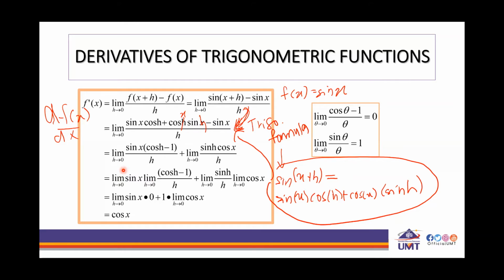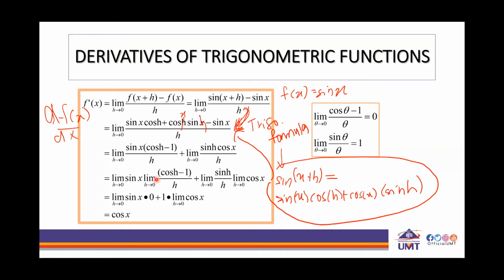Why? Because limit sine x is according to this, h approaching 0, kita nak ambil h saja. So limit sine x ni, they treat it as apa? As a constant, right? So yang tinggal kat belakang ni limit h approaching 0 cos h minus 1 over h plus limit sine h over h limit h approaching 0 cos x, right?